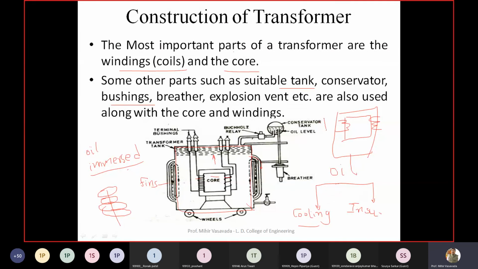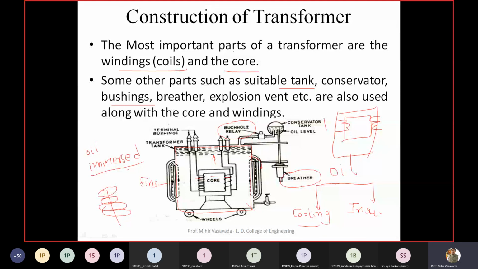It is known as conservator tank. For oil going in and out of the conservator tank, the device used is known as breather. All this we'll discuss in detail also, but I am just giving you the idea. And then there is a relay in between, which is known as the Buchholz relay. Buchholz relay is for protection, for detection of any fault in the transformer, right?